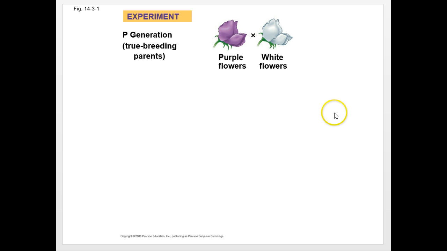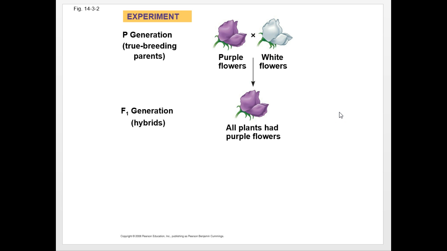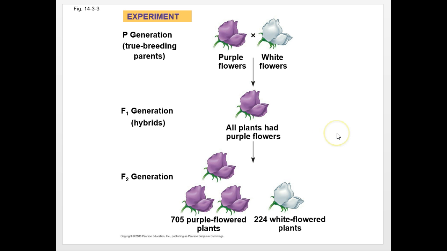Crossing the purple with the white, each homozygous for their trait, creates the purple hybrids that are all heterozygous in their genotype. And then in the F2 generation, the white returns. Remember, in order to be white, you must be homozygous recessive for your trait, little p little p. Whereas purple can be either big P big P or big P little p.